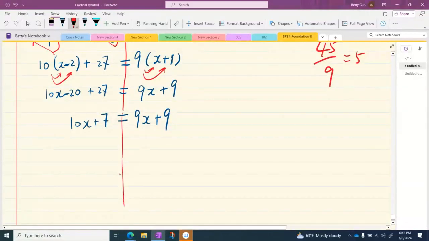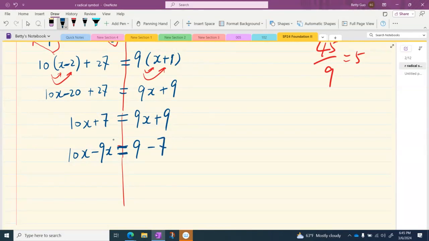So now I'm going to rearrange the sides. I notice 10x and 9x are like terms, so I'm going to move 9x over. I have negative 9x, right? And I'm going to move the 7 over, so I have negative 7. Again, let me label.